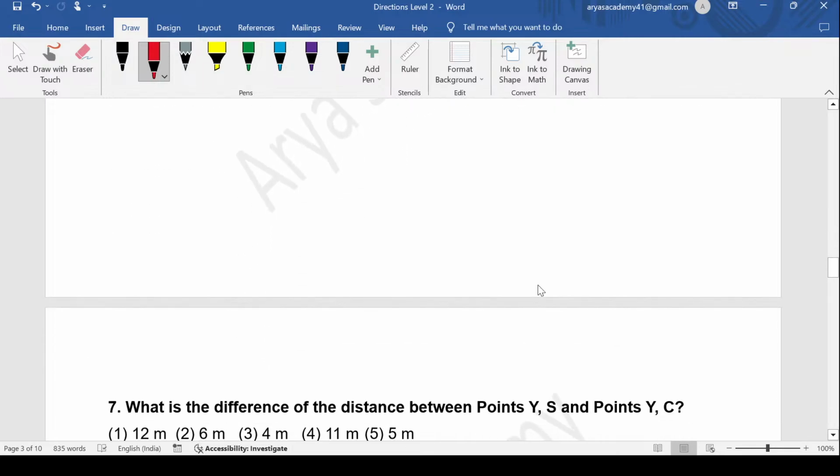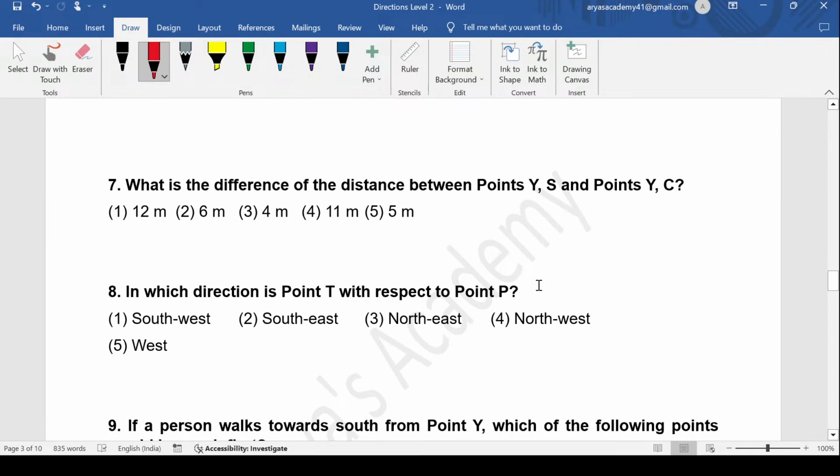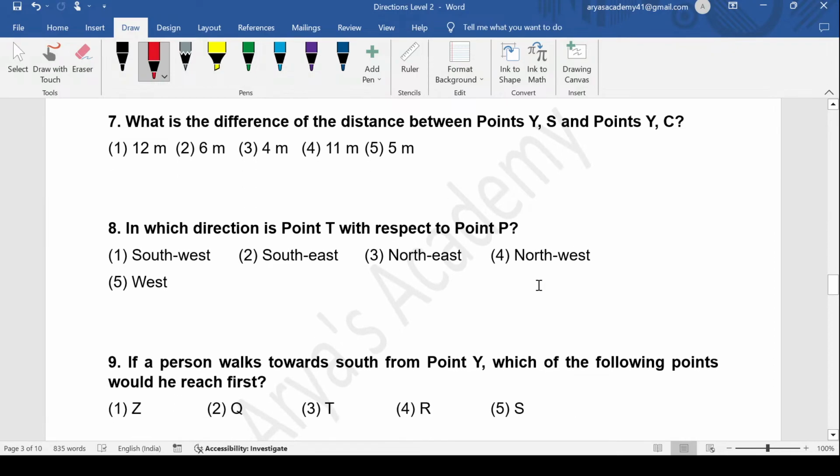Okay, now you try to tell the answer. I will show you. Definitely, I will draw the diagram and I will show how to answer that particular question. But I am expecting the answers from your side. Can you please tell the answer for question number 7? Those who have solved, those who have actually formed a diagram from the paragraph, can you please tell what is the answer for question number 7?